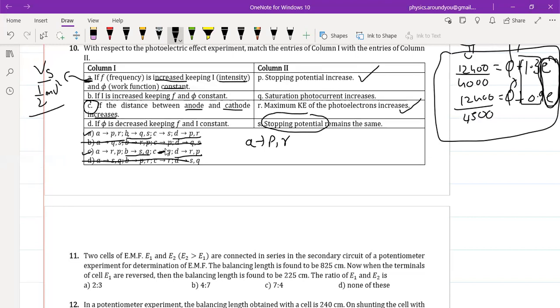What is happening to the saturation photocurrent? It will remain the same, because saturation photocurrent depends only on the intensity of the incident radiation. It is independent of anode cathode distance. So I can eliminate option C. The correct answer should be option A.